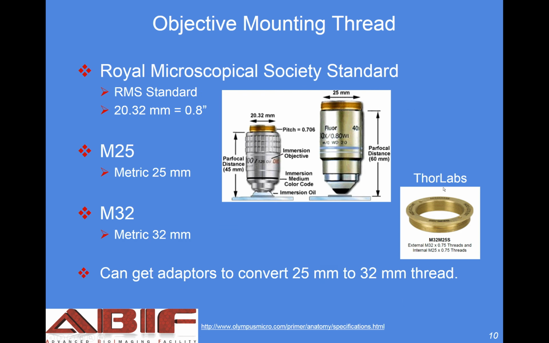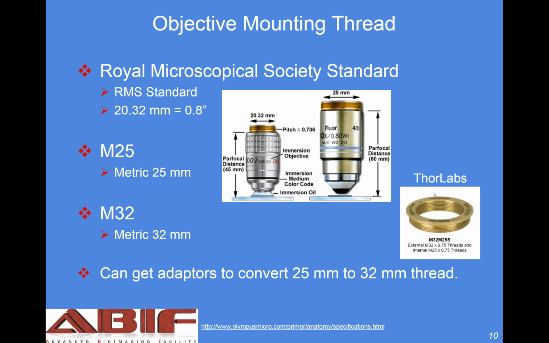The lenses also have mounting threads, which can have different sizes. Traditionally, the mounting thread was the Royal Microscopical Society standard, or RMS standard, of 20.32 millimeters, and this is not used commonly now. More recently, lenses are 32 millimeters, but lenses can also be found that are 25 millimeters.